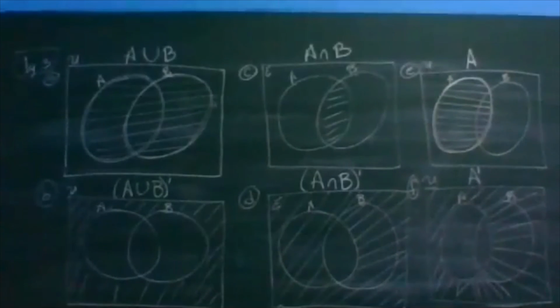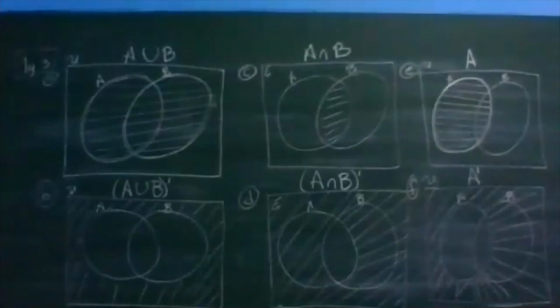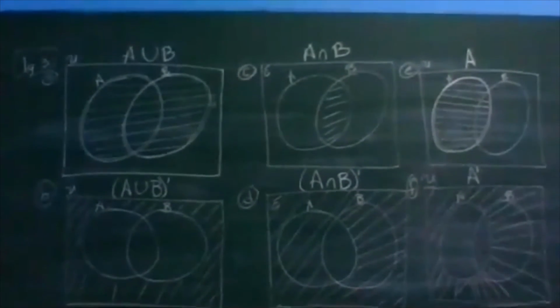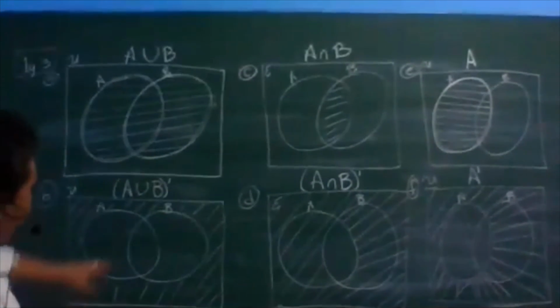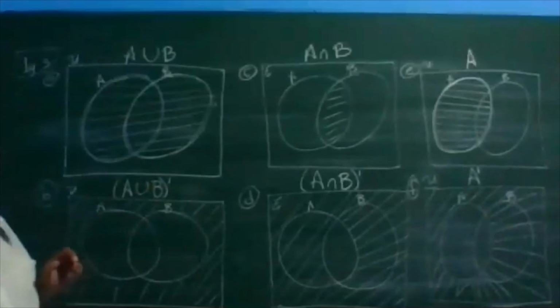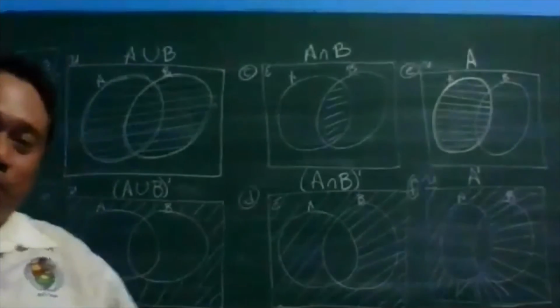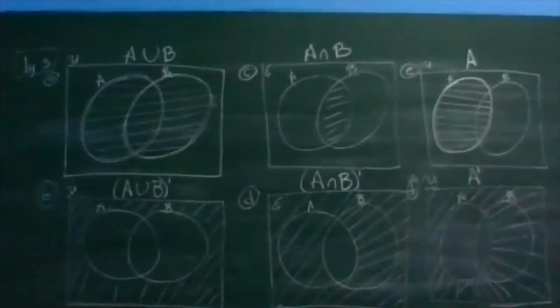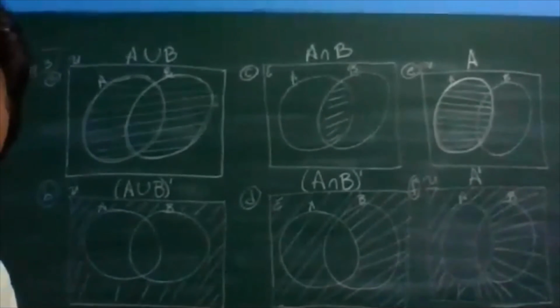Since A is not shaded, we call it everything outside of A, which means A complement. So anytime you have to use the word outside, you're looking at complement. See, everything outside of the circles is A union B complement. So anytime it is outside, you will use the concept of complement. Okay?